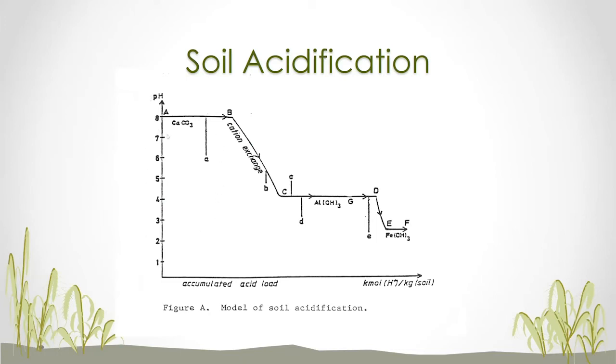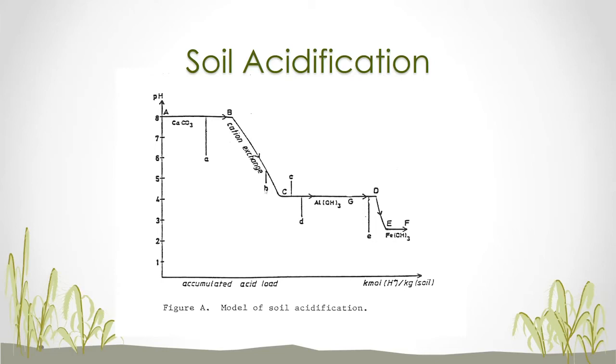Where we have lots of calcium carbonate or lime in our system, as that lime begins to dissolve, it consumes the acid that's being applied and neutralizes that acid to the extent that nothing changes in terms of pH until all of the calcium carbonate has been dissolved. At that point, we can then begin to lower pH.